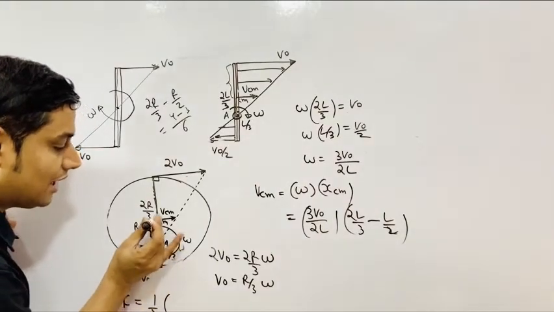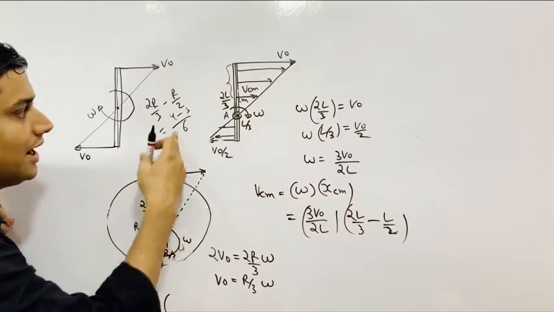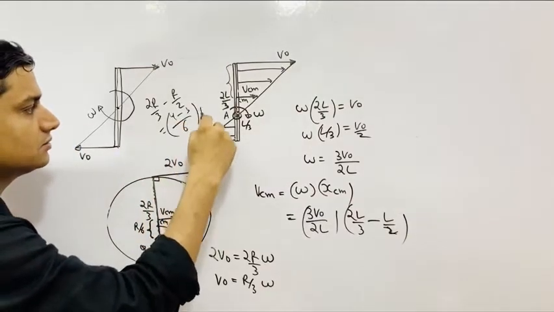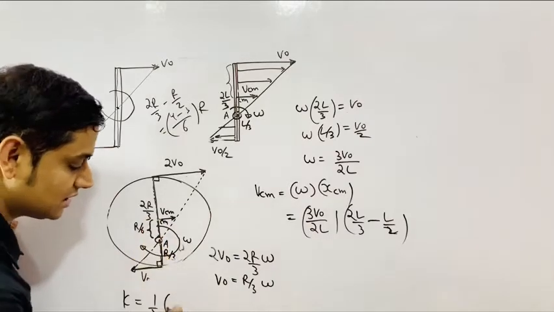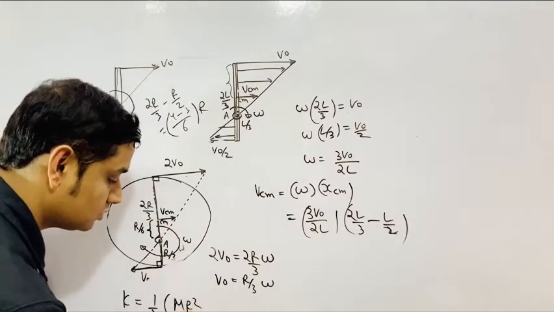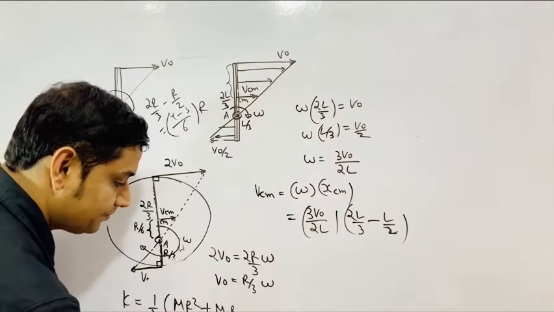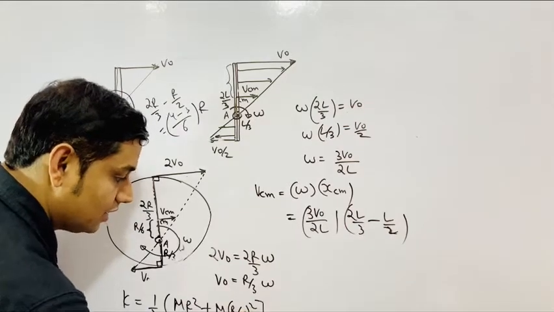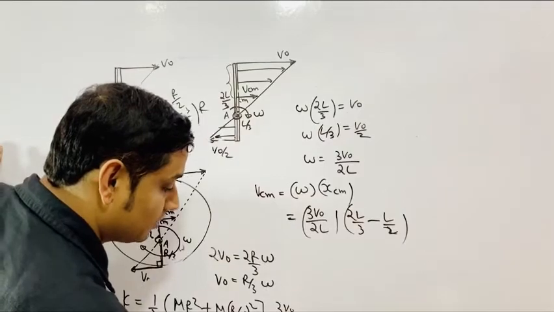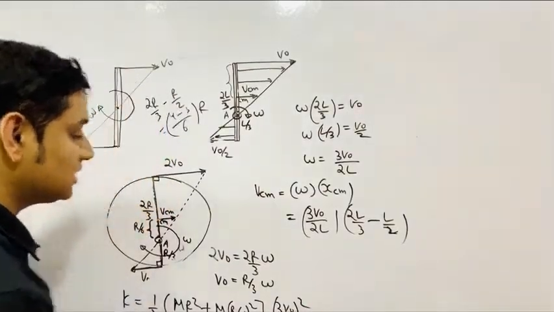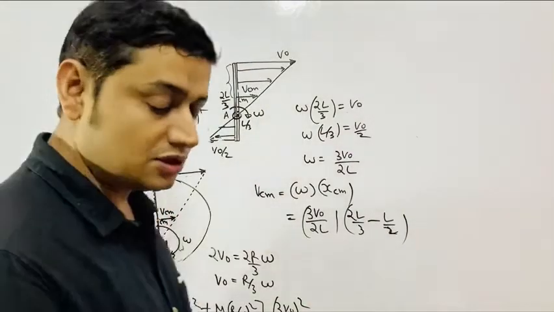How to get it? ICM plus m into r by 6 whole square, where the distance is r by 6. So (m r square by 2 plus m r by 6 square) into omega square, and from here you have got omega as 3 v naught by r, whole square. This is the total kinetic energy.